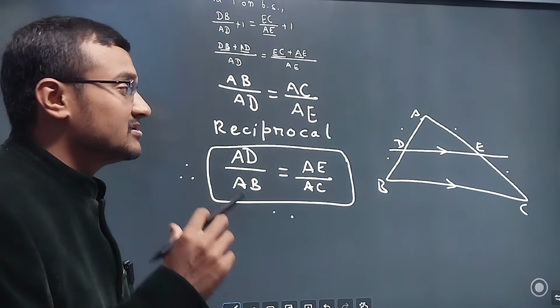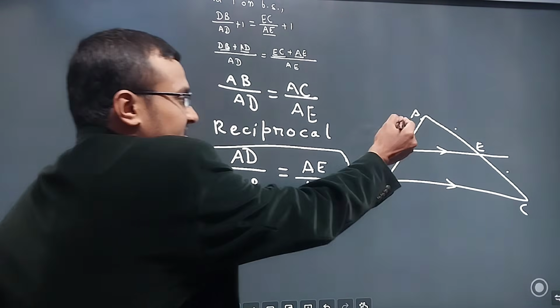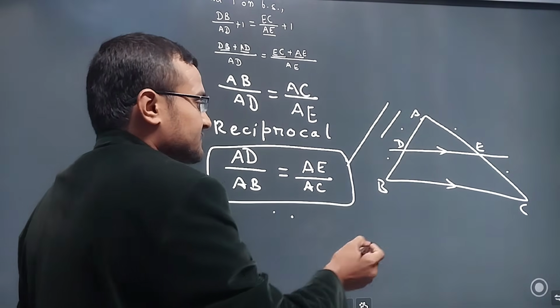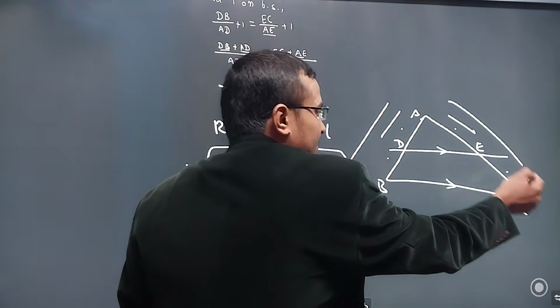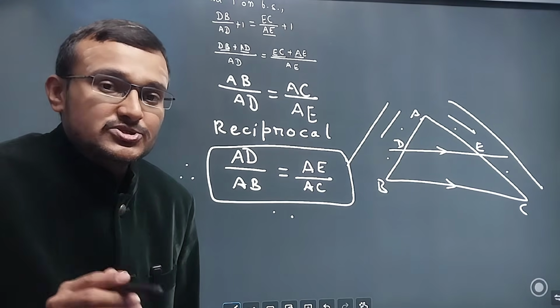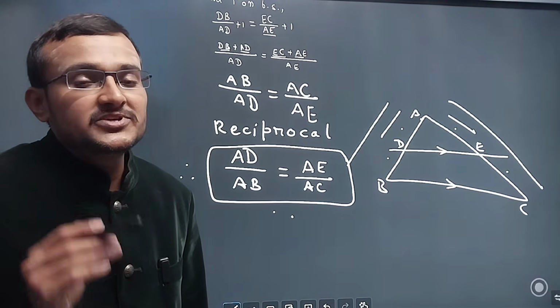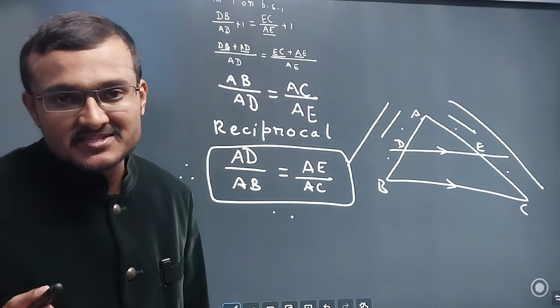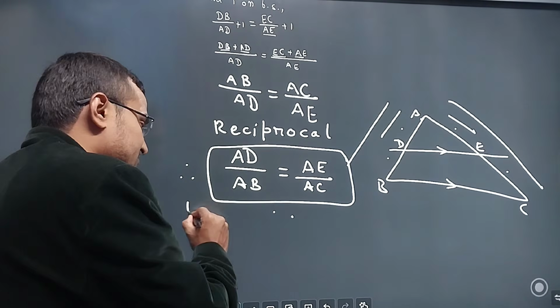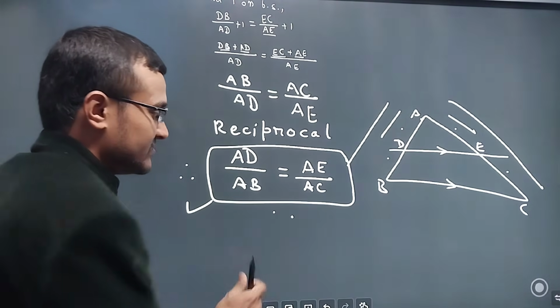And also from example 1, we have proved that AD by AB is equal to AE by AC. So this is also one condition which you need to remember while solving exercise 6.2 questions. So this example 1 also you need to remember.